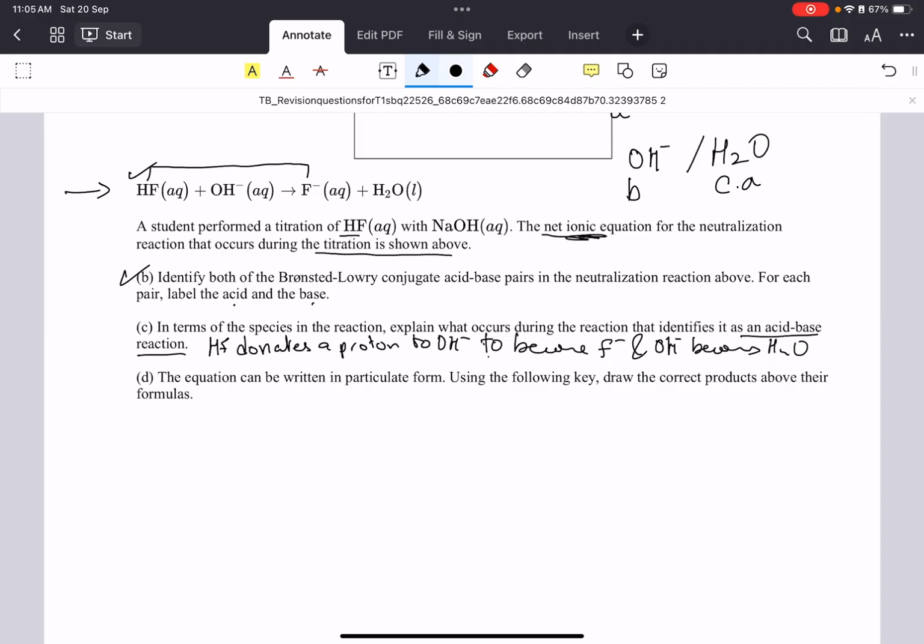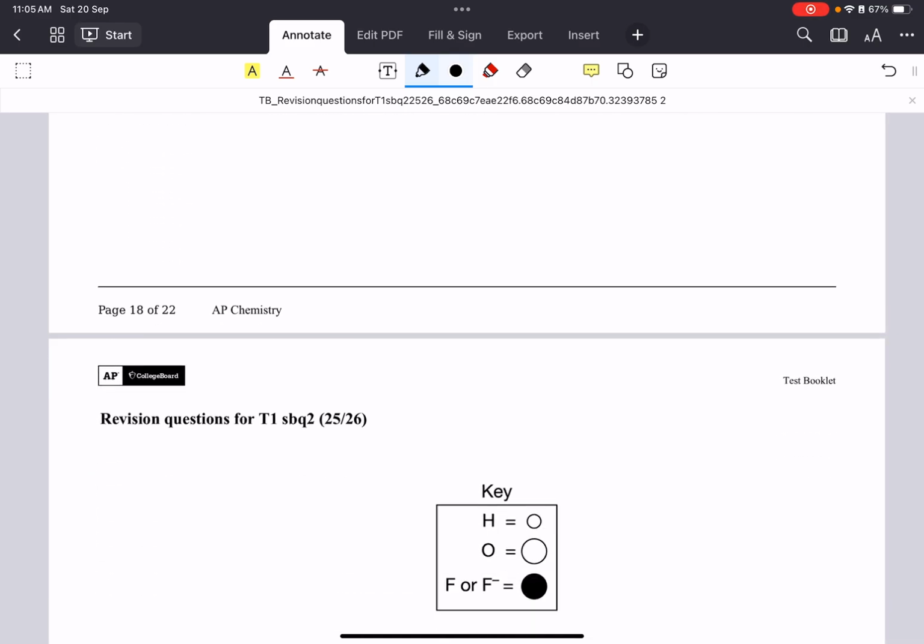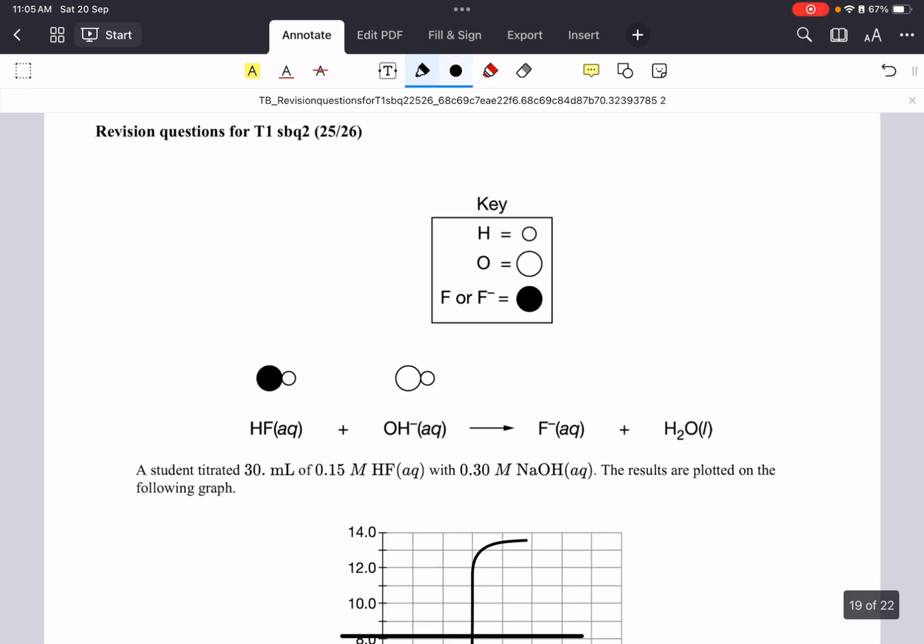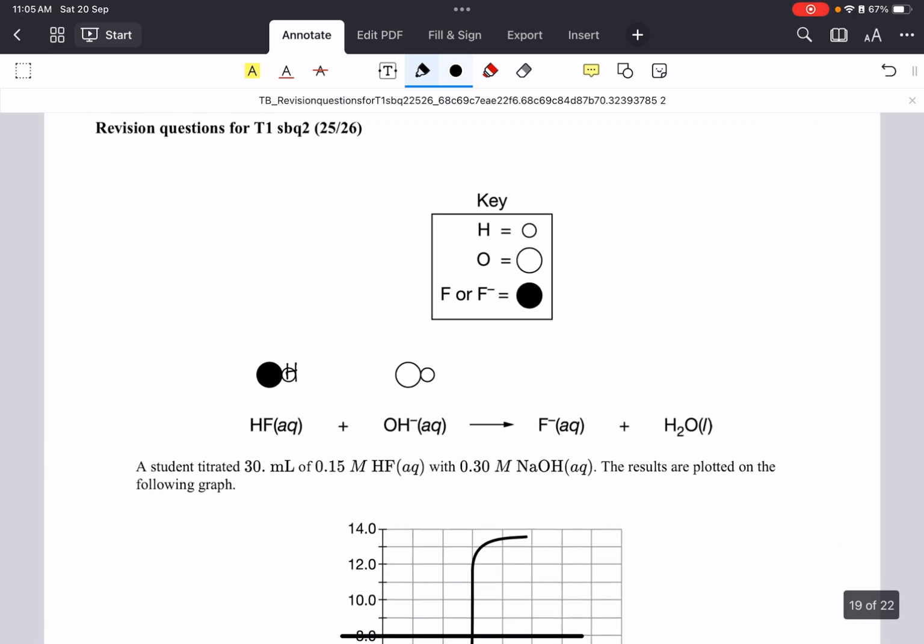Describe this equation in words. The equation can be written in particulate form. Using the following key, draw the correct products above their formula. So here, they are telling you that this is H and this is F. This is O and this is H. Okay, so here this is F minus.